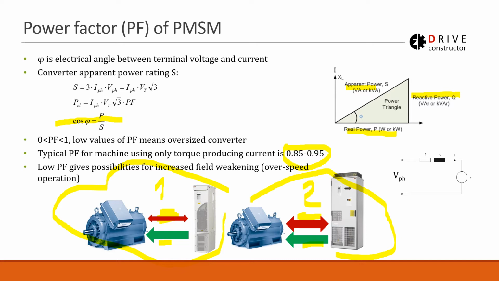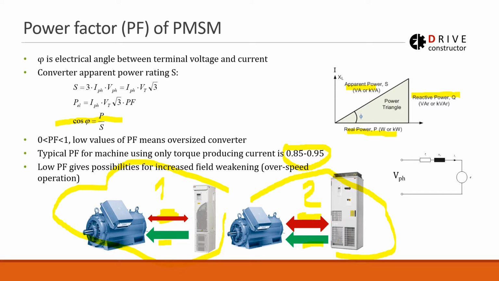So you see, to have high power factor, we need to design our machine to be bigger, bulkier. We put more effective materials in it, but we save money on the frequency converter. And maybe you know that the cost of an electric machine and a frequency converter are sometimes comparable.